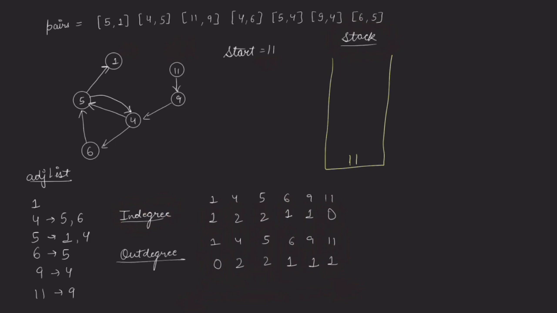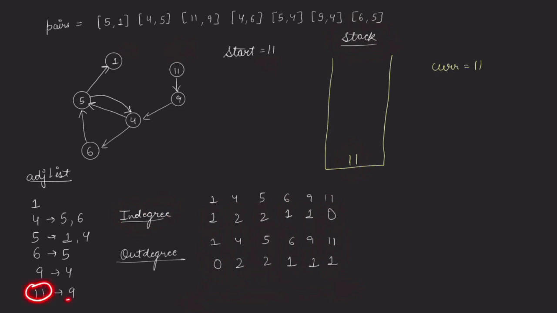we take the top element of the stack or the top node from the stack, and then we look at its neighboring elements, and then we push one of them again into the stack, right? So what we will do is, we will take this 11, so our current node will become equal to 11. Now we need to check what are the neighboring nodes of this 11, right?